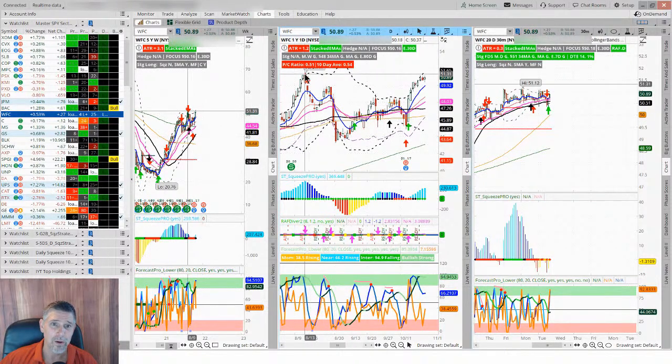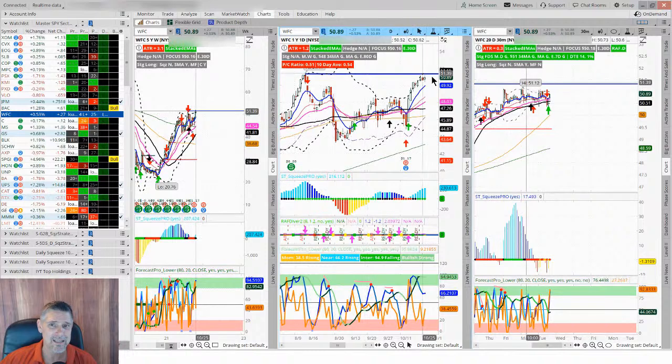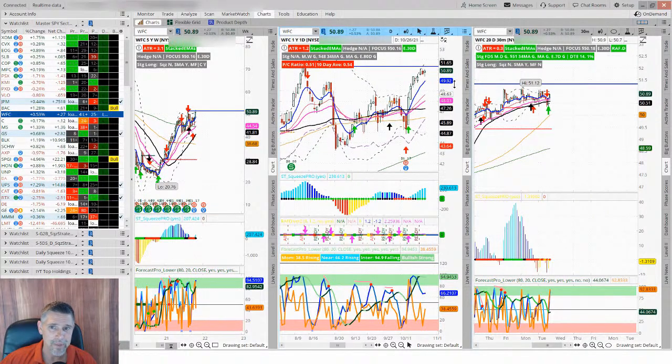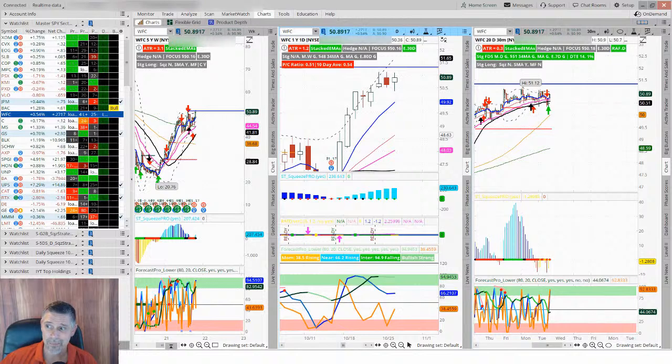But for example, this is Wells Fargo. If I go up here, I can see this is a major resistance area. Now, let's zoom in so y'all can see. It's almost that pin bar, but in reverse. Well, actually it is. This is a bearish pin bar at resistance, and this is real time. By the time I get confirmation, it might be a big old red candle here, maybe trading below that low.